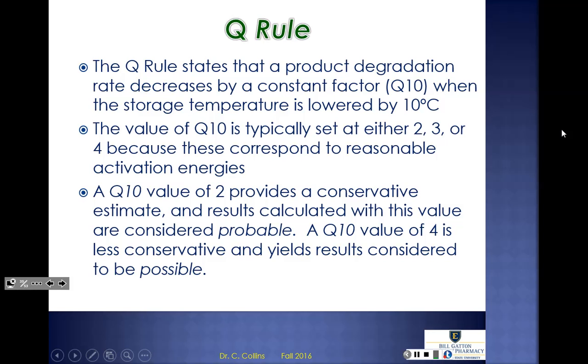So the typical value of Q is set at either 2, 3, or 4 for most reasonable activation energies. And those activation energies in that one table would show an activation energy of about 12.2 or something like that, equated out to a Q of 2, and the 24.3, the highest one, equated out to a Q of 4.